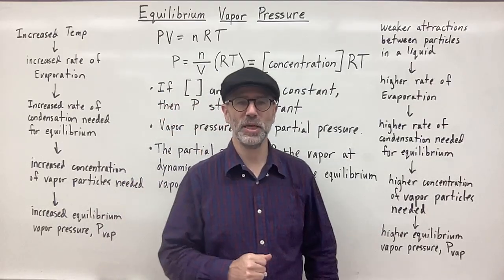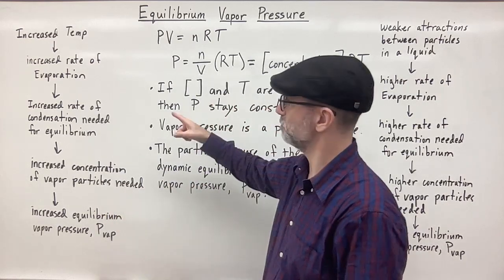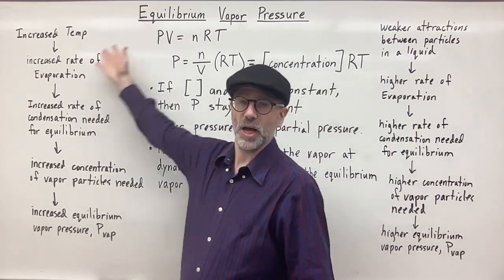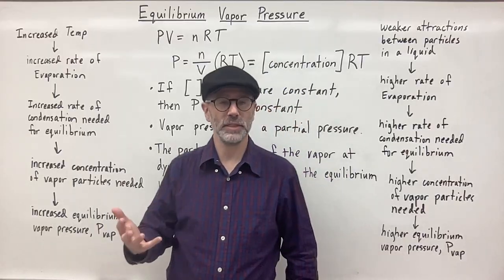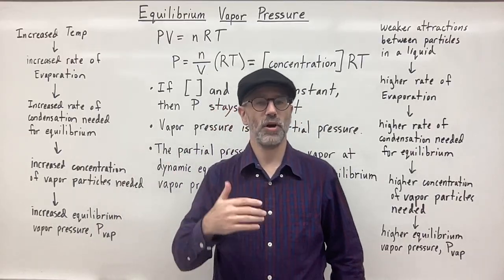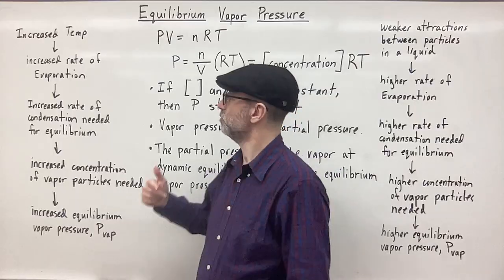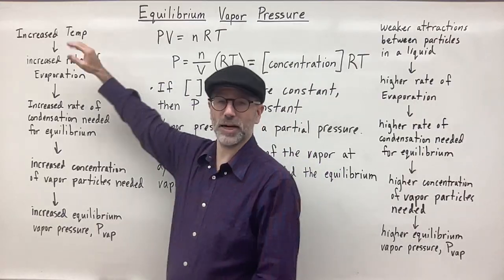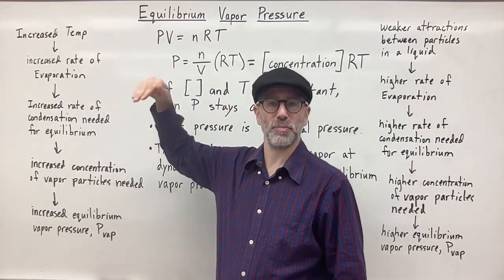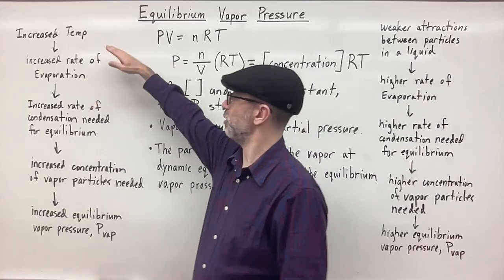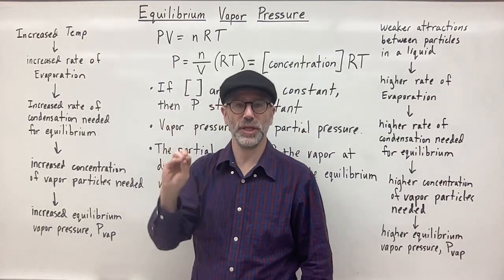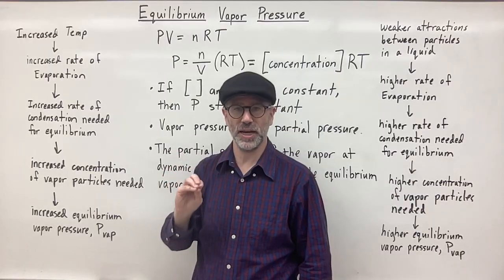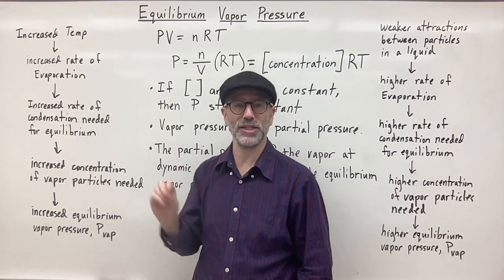Okay, now what about temperature? Let's go over to temperature over here. Temperature, we saw before, can influence vapor rates or evaporation rates. So, how is that going to affect the vapor pressure at equilibrium? Well, if you increase the temperature, remember, temperature is related to the average kinetic energy of the particles, how fast they're moving.